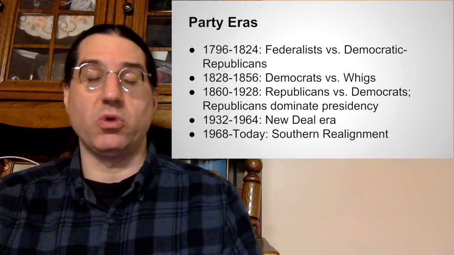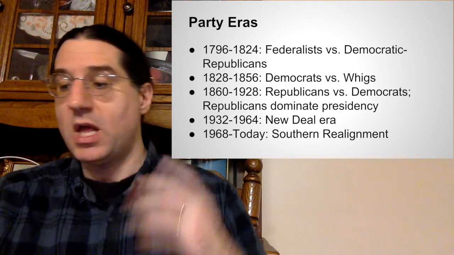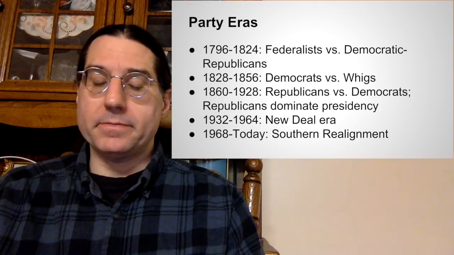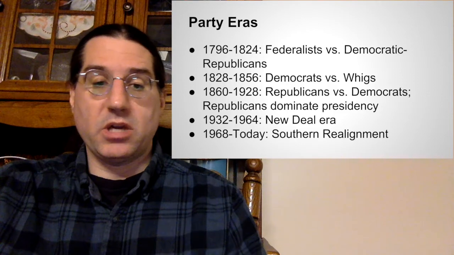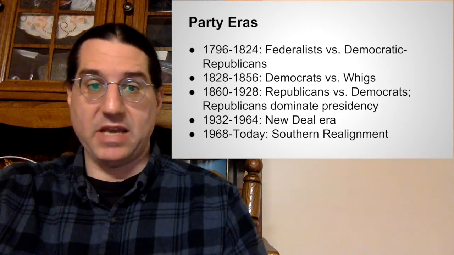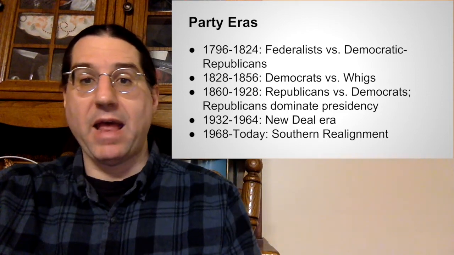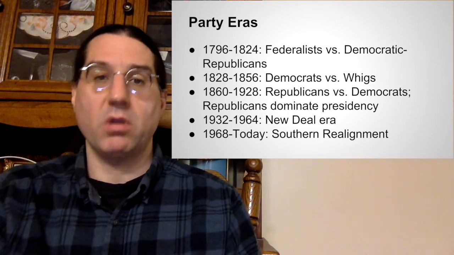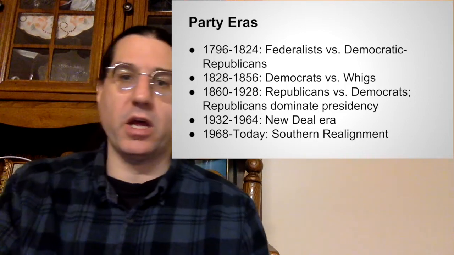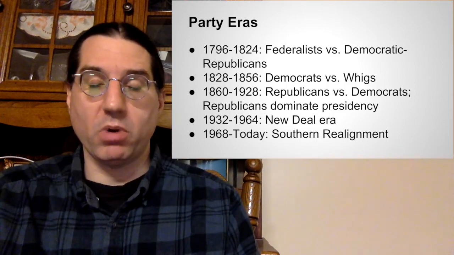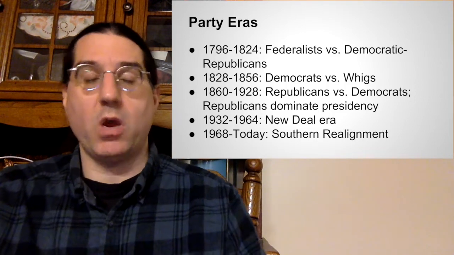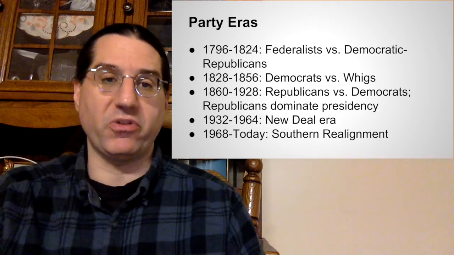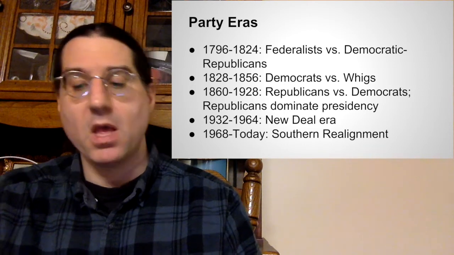Then you get to the Great Depression and the New Deal, and the Democrats come in, and Franklin Roosevelt is able to get into the presidency, and the Democrats win like 5 straight presidential elections, and then win a couple more, and they put in their programs to build the kind of economy that we have today.